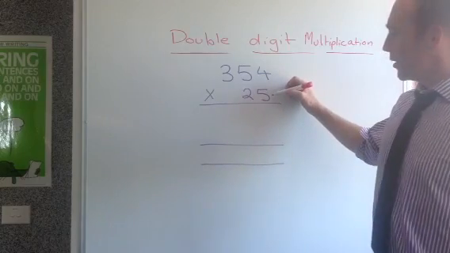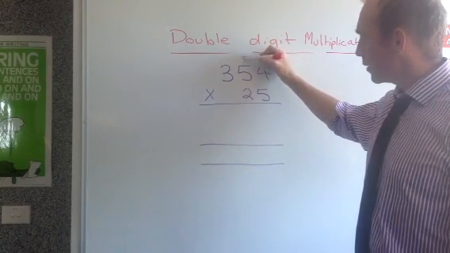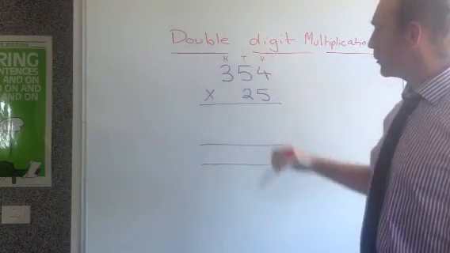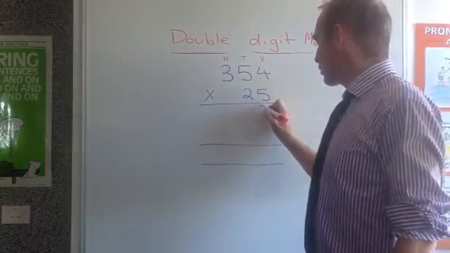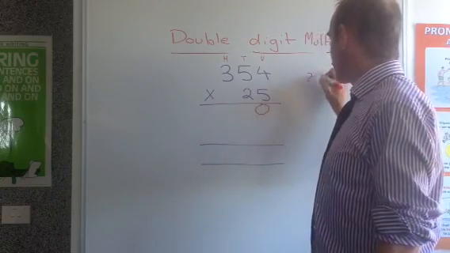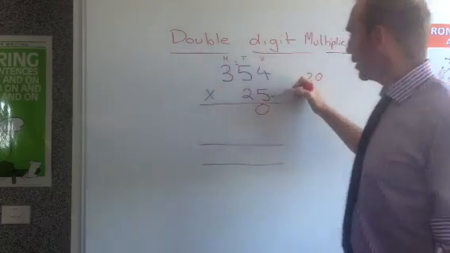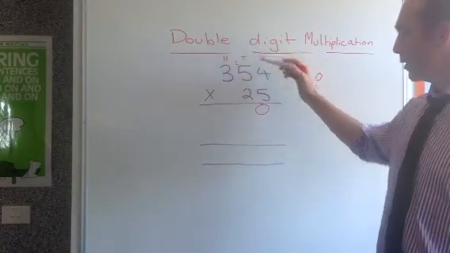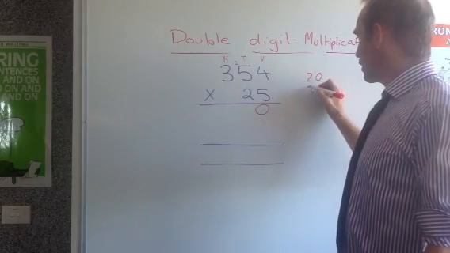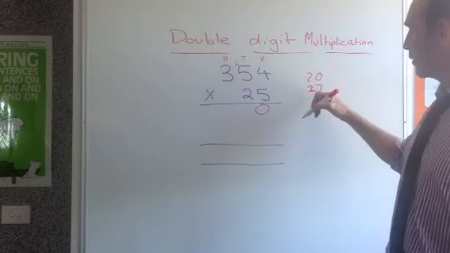Okay, so we start on this side in the units column, tens column, hundreds. We'll go 5 times 4 is 20. We put the 0 down and carry the 2 up to here. Then we go 5 times 5 is 25, plus the 2 is 27.